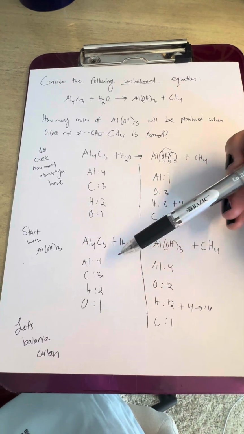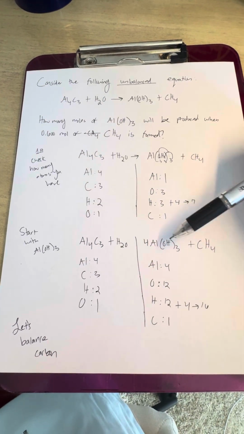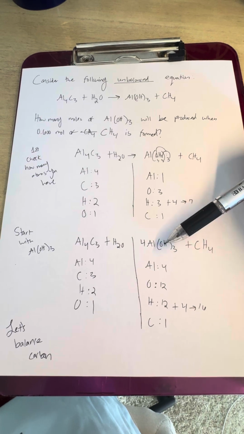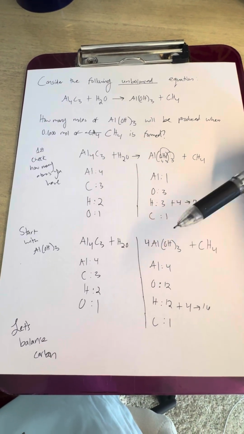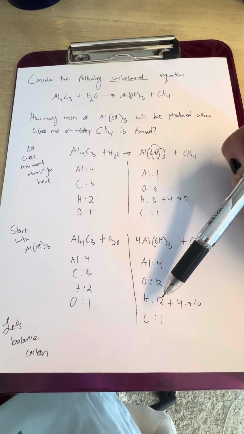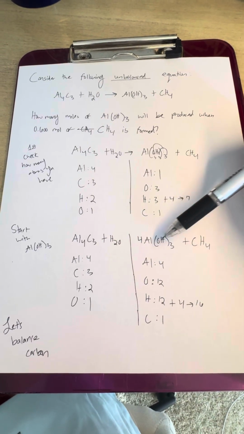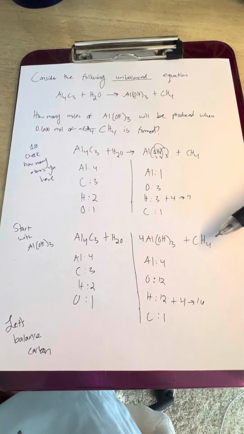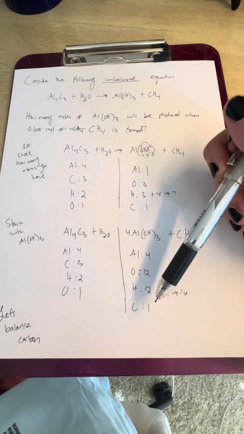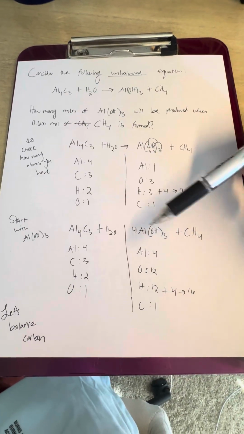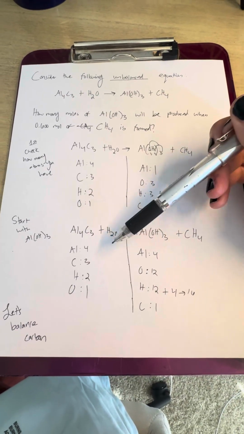So when we did that, we got 4 aluminum, we got 12 oxygen, because it's like saying 3 times 4 is 12. And we also got 12 hydrogen as well, and the 4 that was still there from before. So we have now 16 hydrogens and 1 carbon. We're getting closer, but we just only have 1 element balanced.